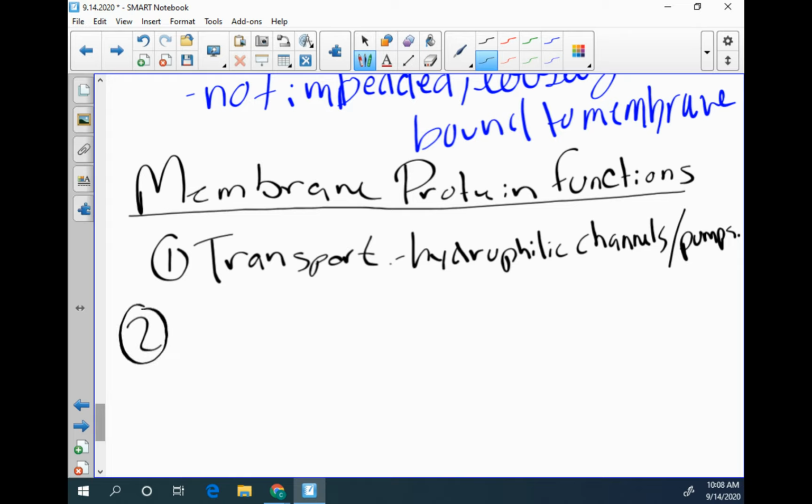They can also have enzymatic functions, or complete steps in metabolic pathways.